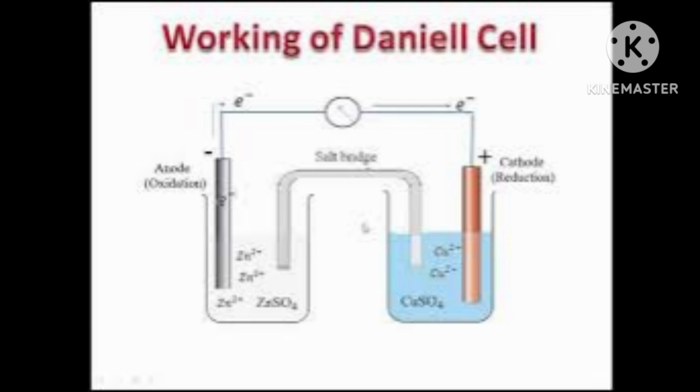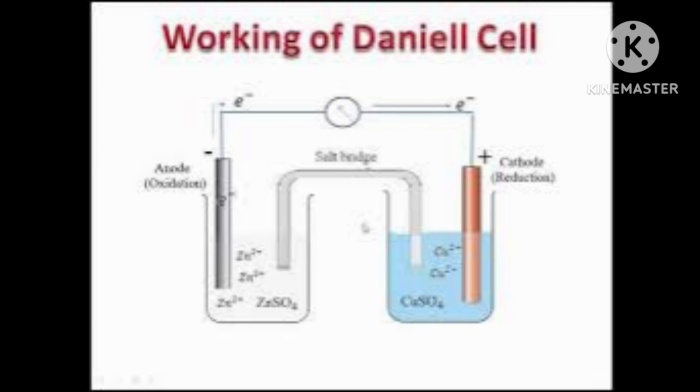This cell produces electrical energy from chemical energy. The device which converts chemical energy into electrical energy is called a galvanic cell or voltaic cell.